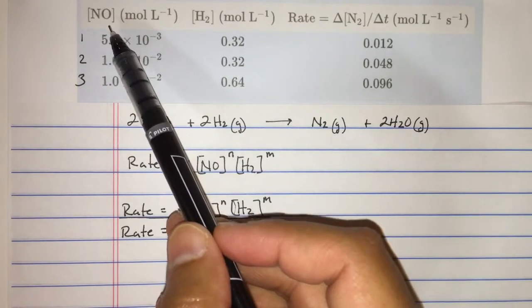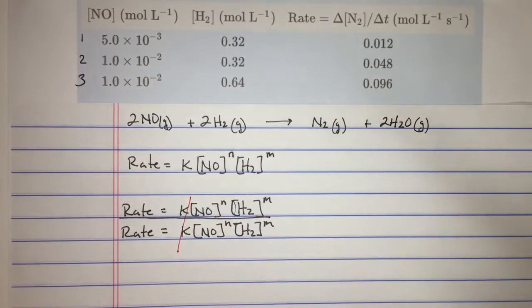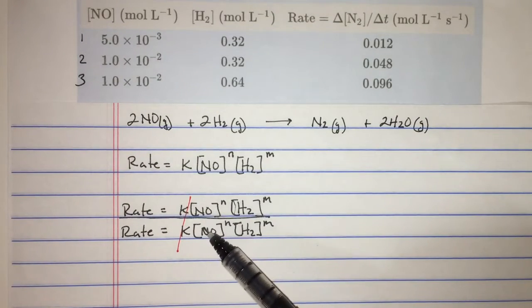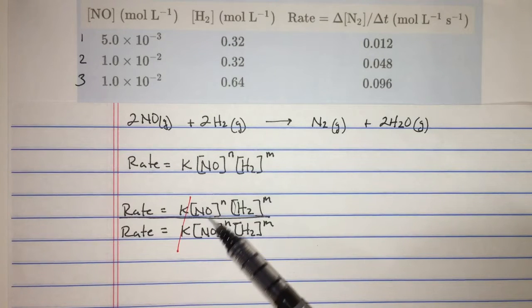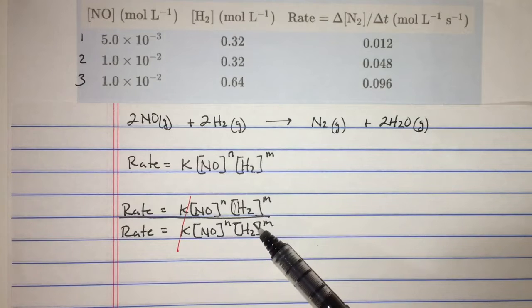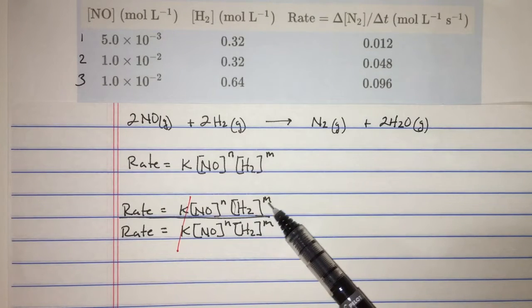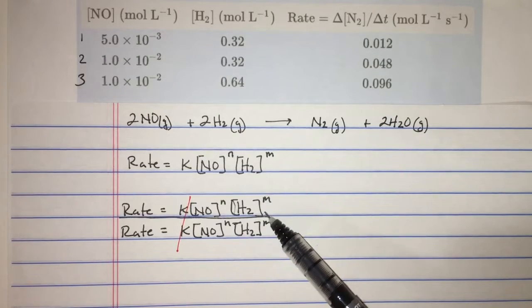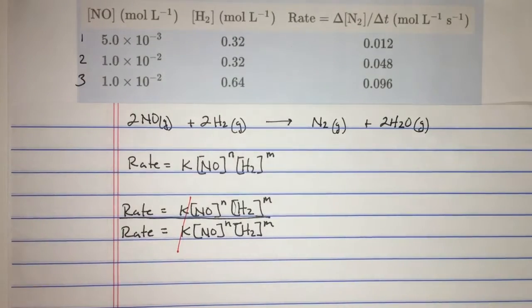The NO concentrations are different. So think about this before we get started. These numbers will be different, and so we'll get some ratio raised to the n. The hydrogen numbers will be the same, so some number raised to the m divided by the same number raised to the m is going to cancel.